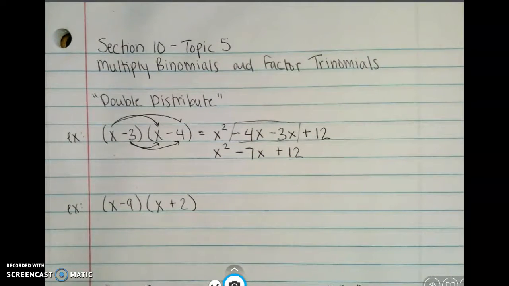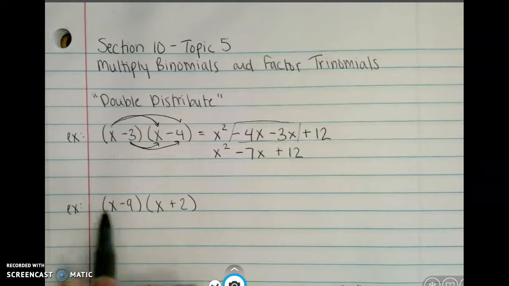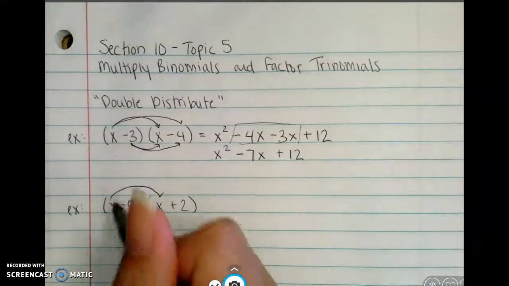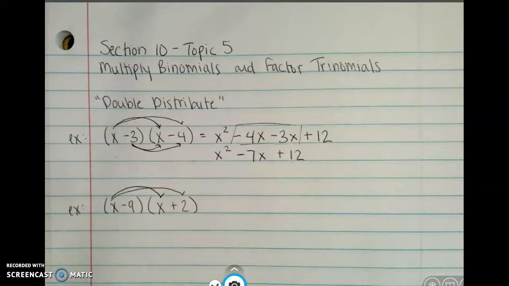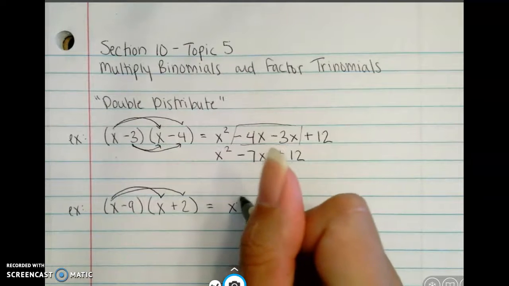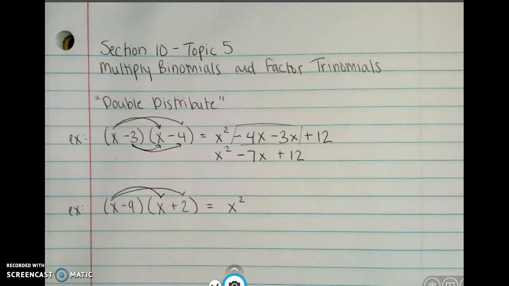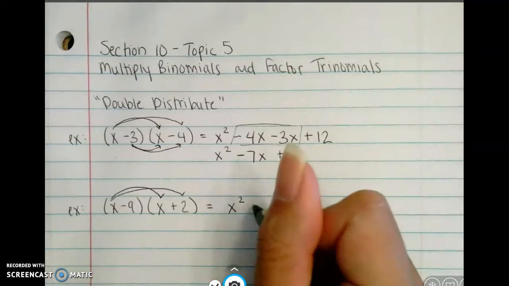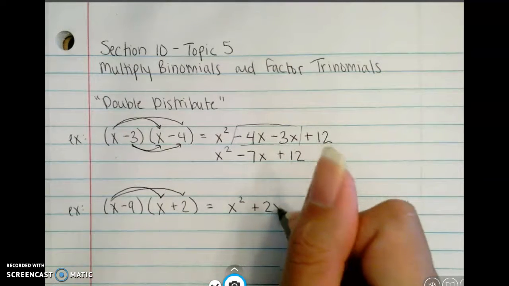In the second example, we're doing the same thing. We're taking the x and we're distributing it to the other set of parentheses twice. So x times x is x squared, again because we have two x's there, and we have x times 2, which is positive 2x.